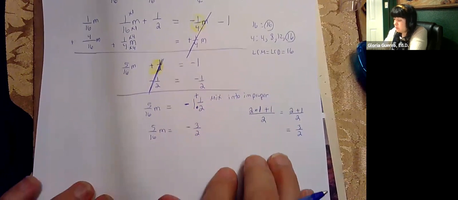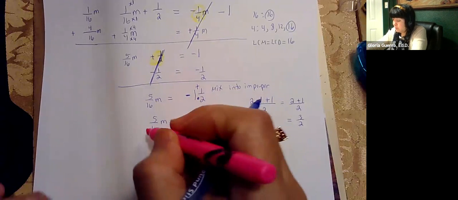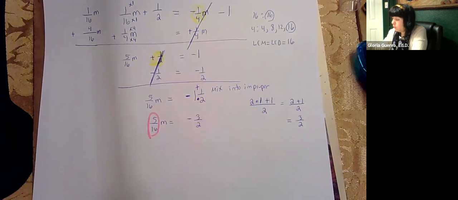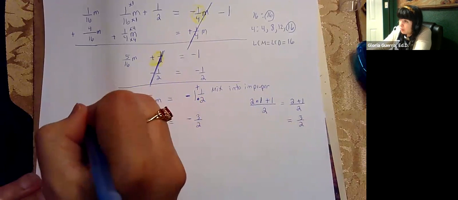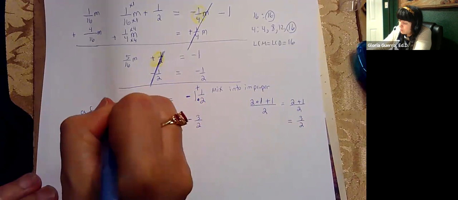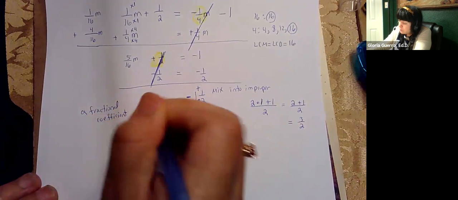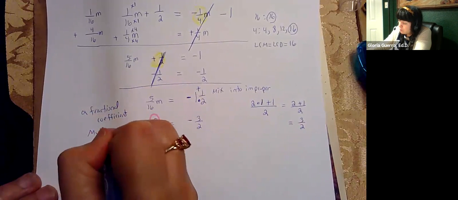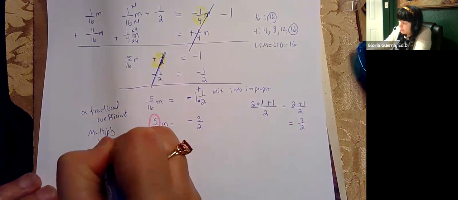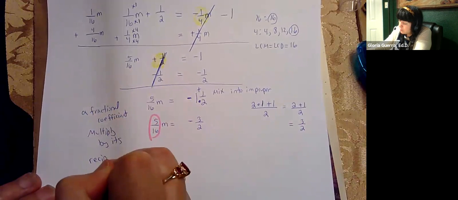Okay, so now this is what you have. And you see, I like this problem because again, here's your fraction coefficients. I hope you remember when you have a fractional coefficient, you're gonna multiply by its reciprocal.